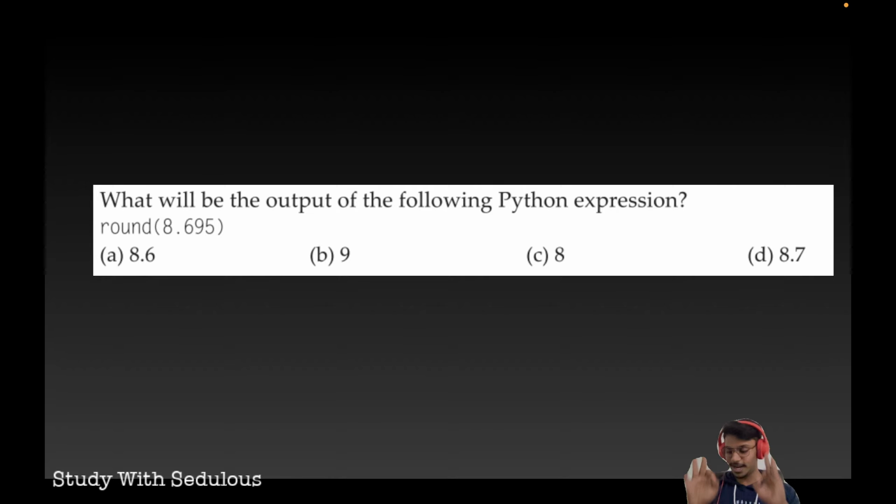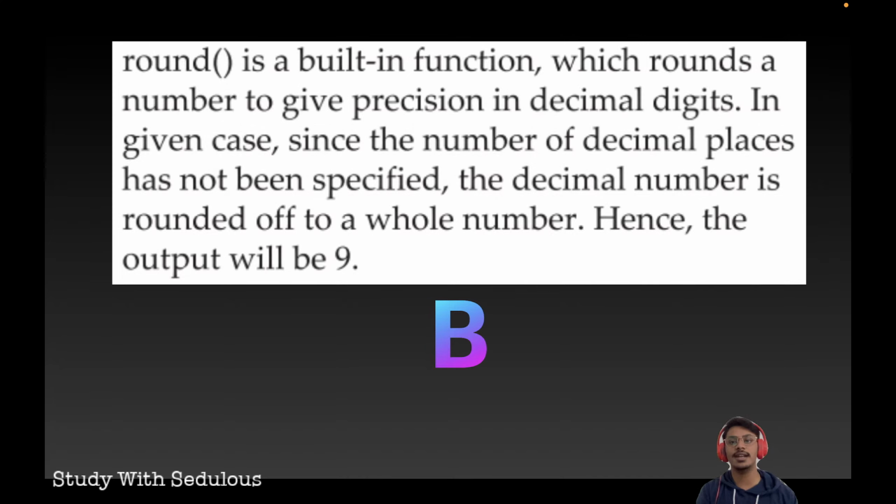What do we get? 9, because 8.5 and above is always 9. Answer should be 9. It's a built-in function which rounds a number to given precision in decimal digits. In the given case, since the number of decimal places has not been specified, the decimal number is rounded off to a whole number. Hence, the output will be 9. It's a whole number, right? 9.